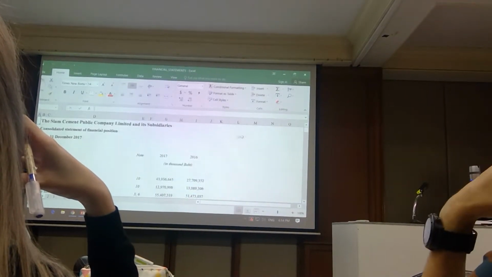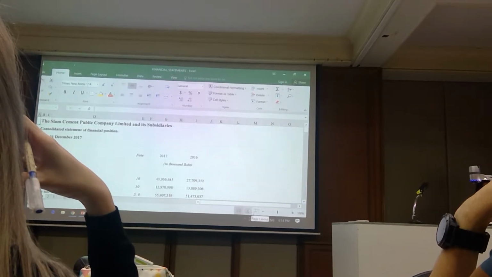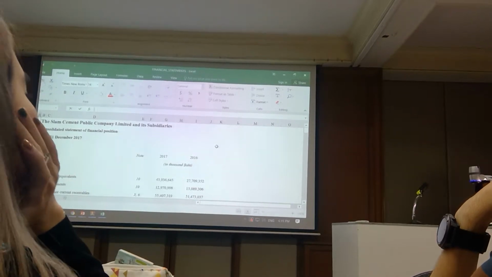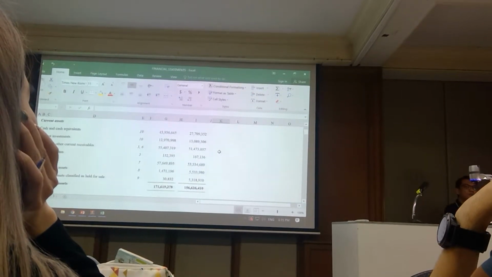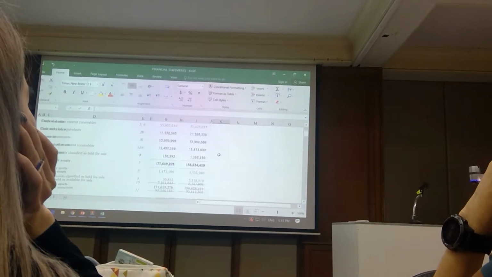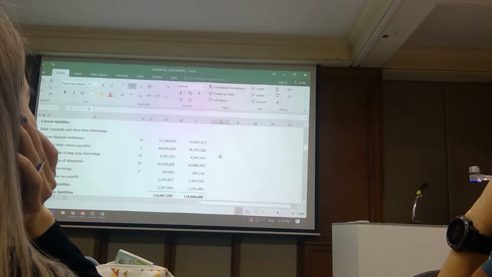Okay. In terms of consolidation, just like what we learned before, in the statement of financial position, assets equal liabilities plus equity, no question asked.